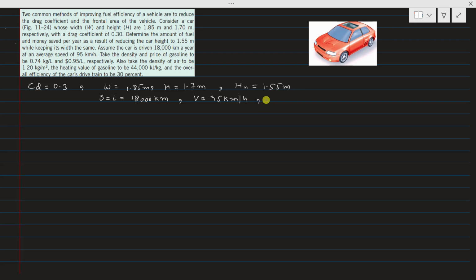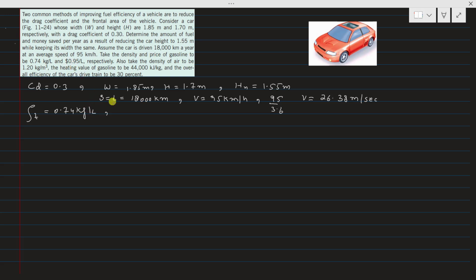To convert that into meter per second, just divide 95 by 3.6, and you will get 26.38 meter per second. The density of fuel is 0.74 kg per liter.